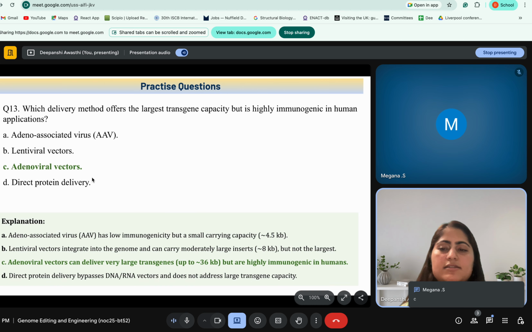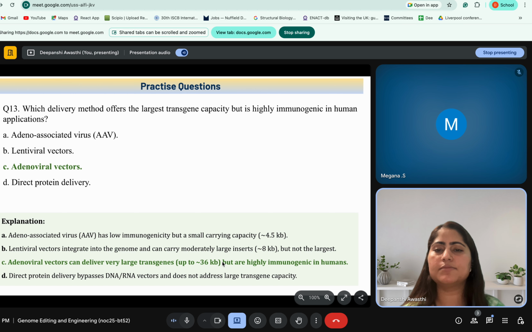Adenoviral vectors is the right option because we have seen that it has the largest capacity, but because it leads to an immunogenic response, we do not prefer it much. Up to 36 kb insert can be done, and direct protein delivery is completely wrong. Whereas lentiviral vectors can have inserts up to 8 kb, and in the case of adeno-associated virus, the insert size is 4.5 kb. So adenoviral vectors is the right answer.